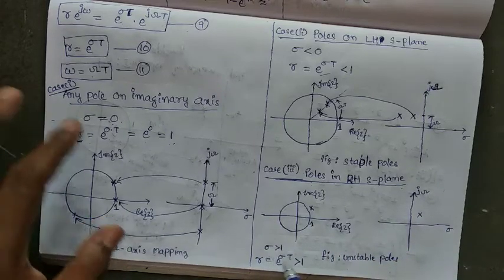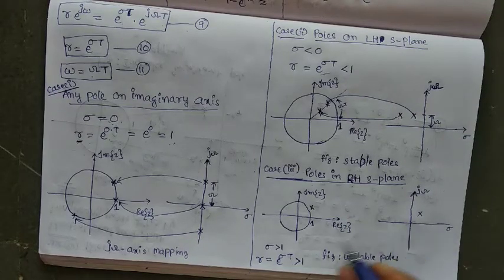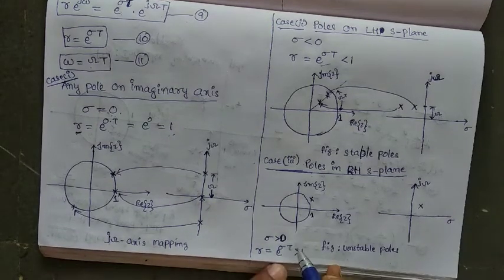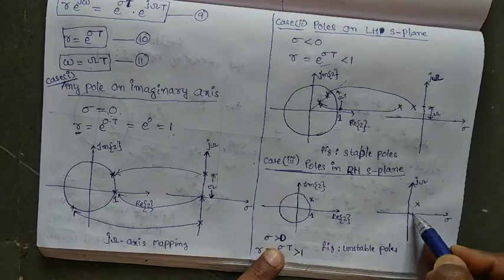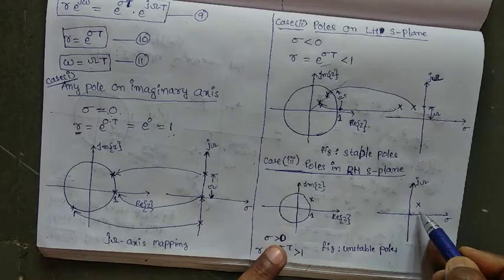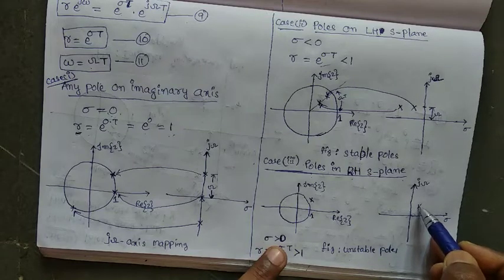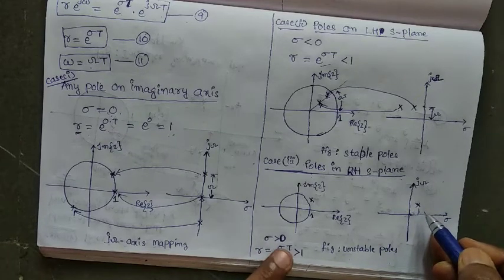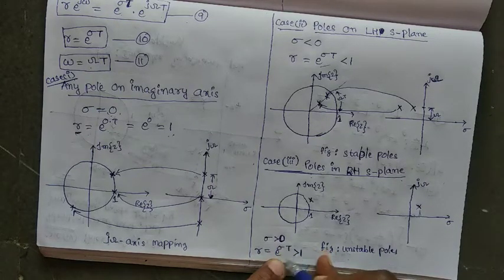Sigma is greater than 0. We are considering the real part sigma greater than 0, which means the positive right-hand side of the S plane. From that we calculate the R value. R is equal to e power sigma t. Since sigma is greater than 0, this value is greater than 1, which means R is greater than 1.